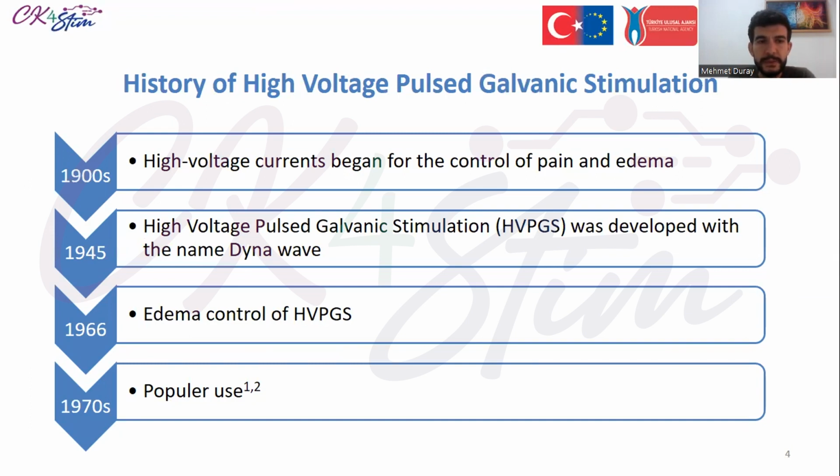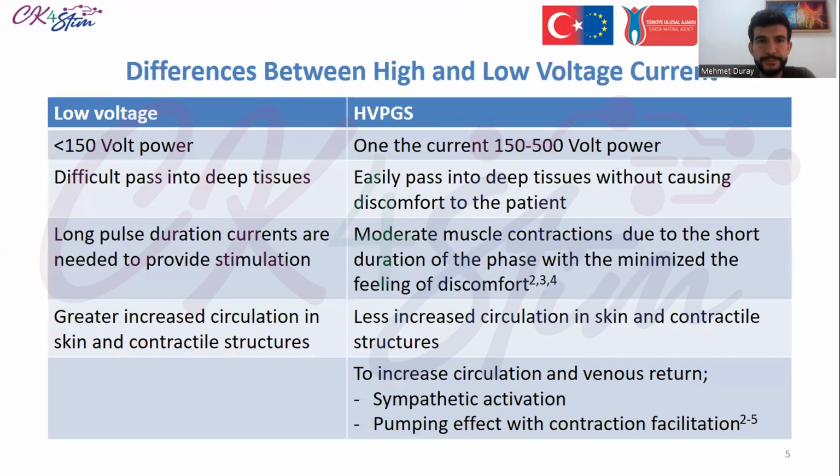After 21 years, it began to be used, and after 1970, high voltage pulse galvanic stimulation started to be used popularly in rehabilitation.